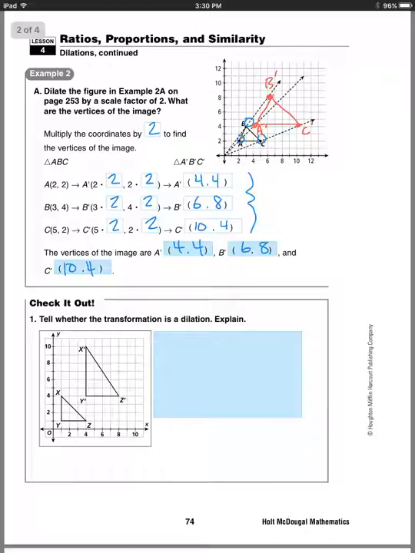Normally, those dotted lines would not be there. So what you would do is you would start at the origin like they did, and you would draw a dotted line to each point, okay? And then once you got your copy drawn, you would continue that line to the corresponding point on each.